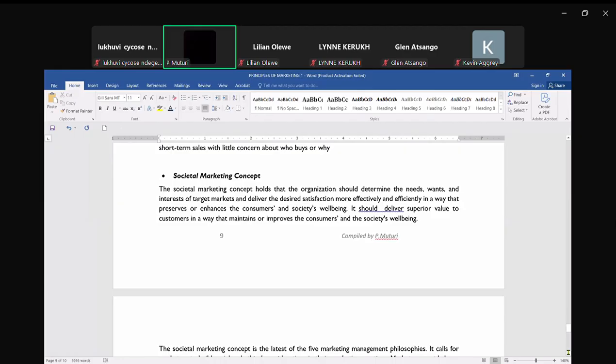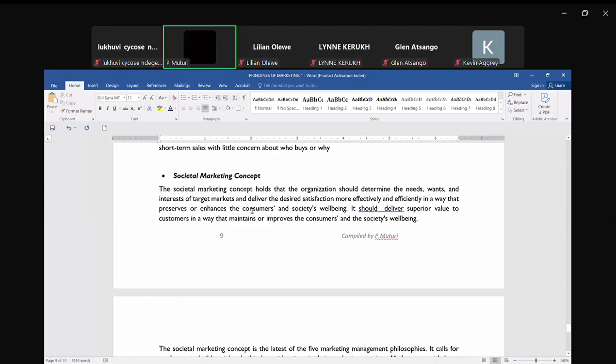So the other concept that we'll look at is the societal marketing concept. In this one, you still find there's the marketing concept within it. So this was an improvement on the marketing concept. So the societal concept holds that organizations should determine the needs and wants of the target markets, create and deliver a value better than competitors, but also in a way that enhances the consumers' and society's well-being.